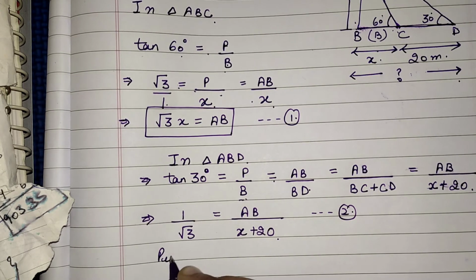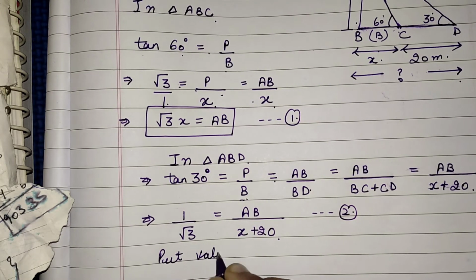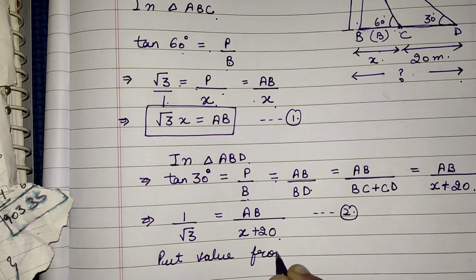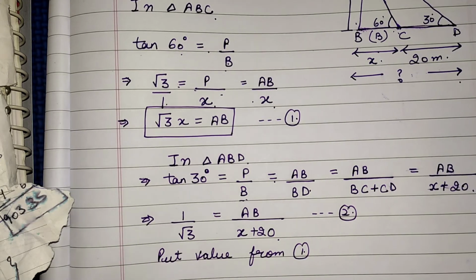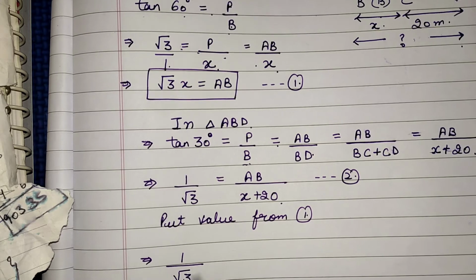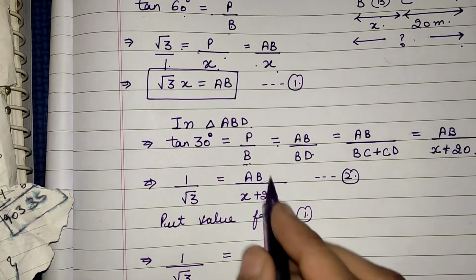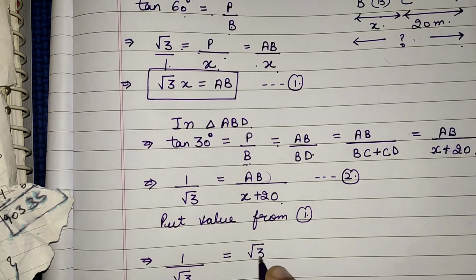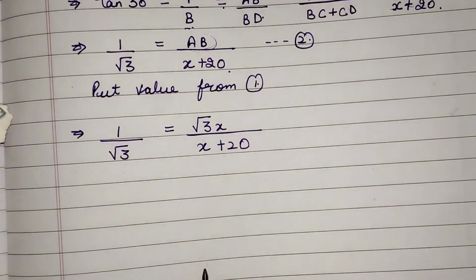Putting the value from equation number 1, we get 1 by root 3 is equal to, in place of AB, root 3x divided by x plus 20.